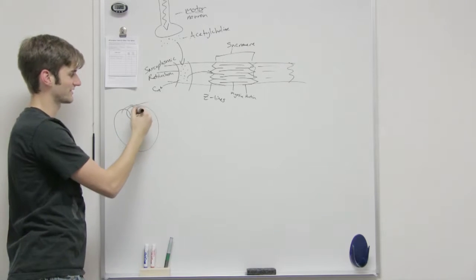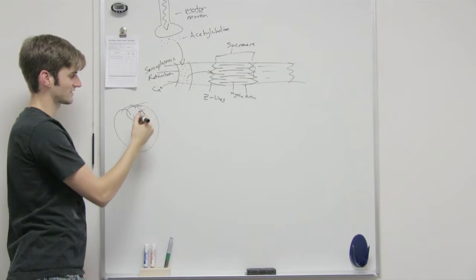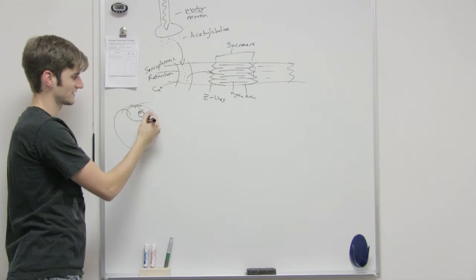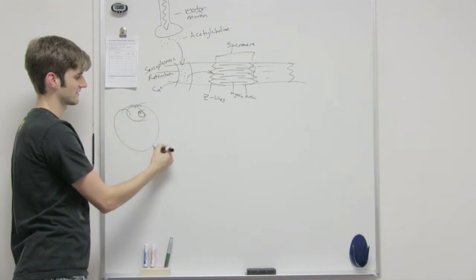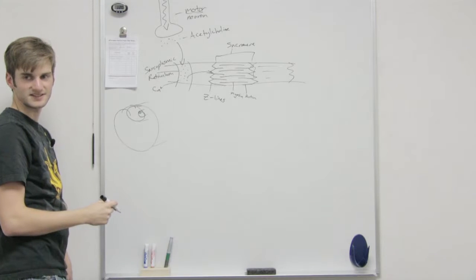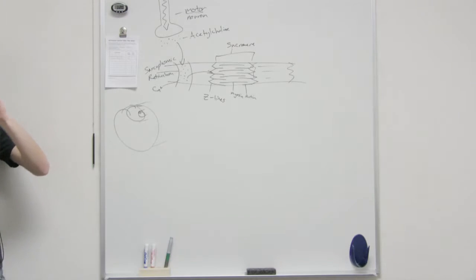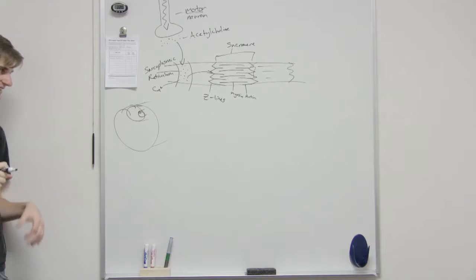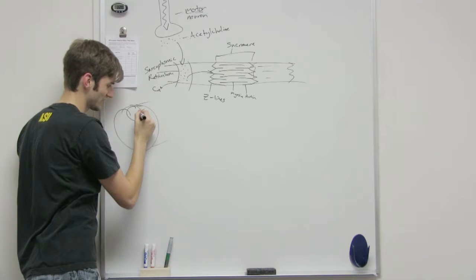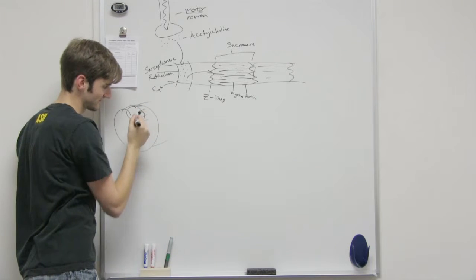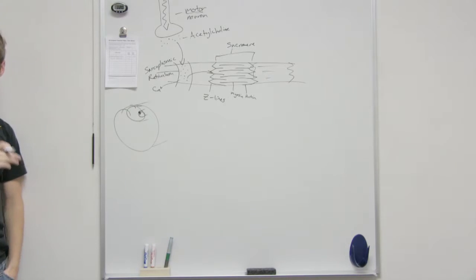It's just a bunch of cylinders. You go from one big cylinder, then even tinier and tinier. So we're inside a muscle cell, at the tiniest level. Does that make sense?